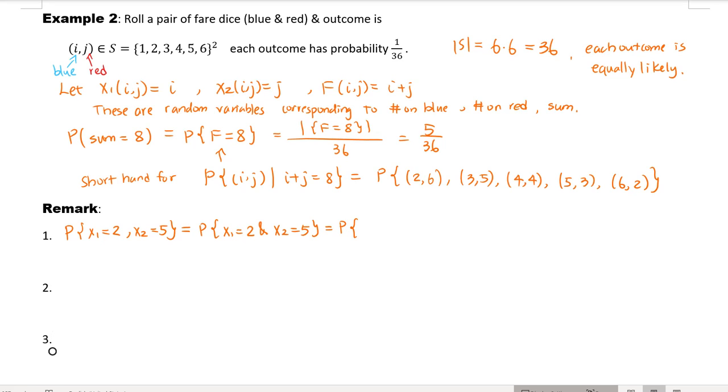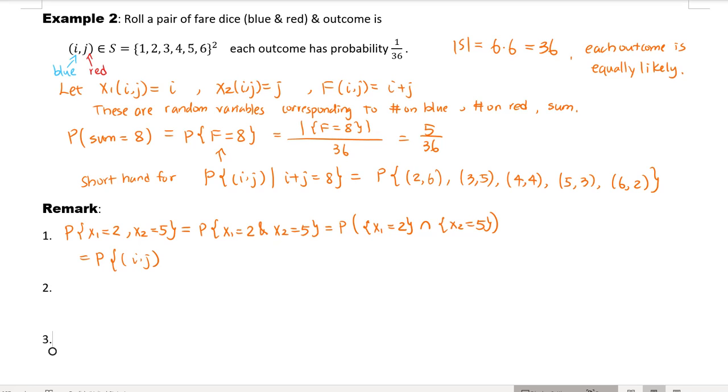And this is the same as saying P of x1 equals 2 intersect x2 equals 5.